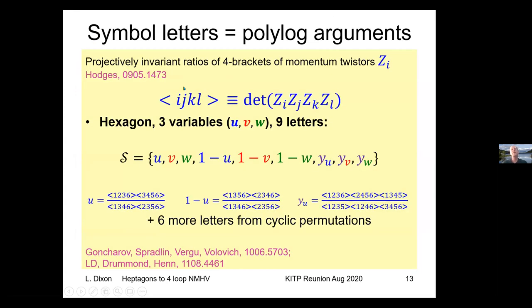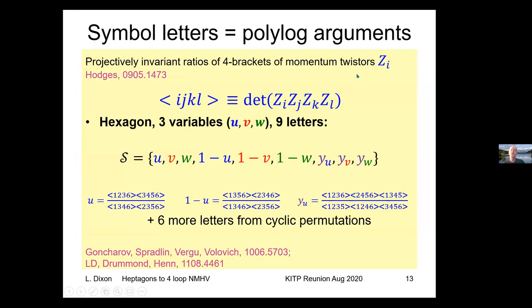The arguments of the polylogs play a special role. Those are also called the letters of the symbol. And in these 6- and 7-point amplitudes, we've understood for a while that to manifest the symmetries, it's best to use ratios of 4 brackets of momentum twistors.